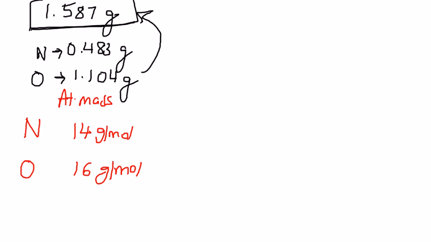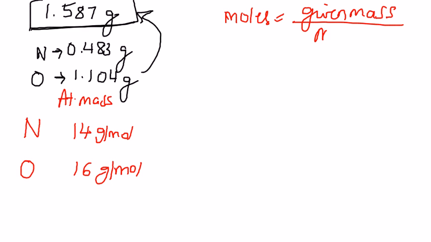But like I discussed early on, the number of moles is equal to given mass divided by molar mass. The given mass here is 0.483 for the case of nitrogen.